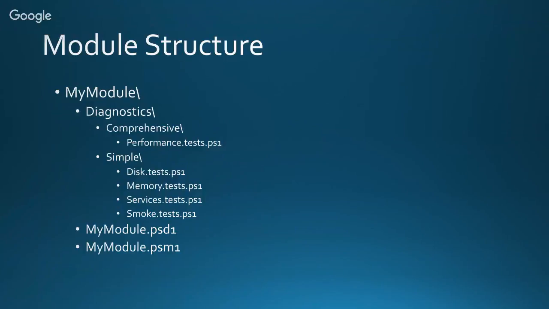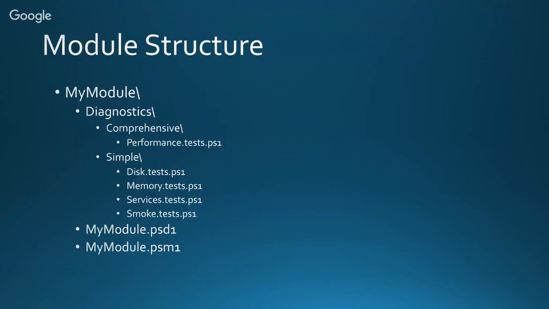The difference between comprehensive and simple, I like to think of as more about speed and the complexity of the test. A simple test will test a very simple thing and is very quick to execute. You can think of simple smoke tests, like, hey, is this service up? Does this port respond?